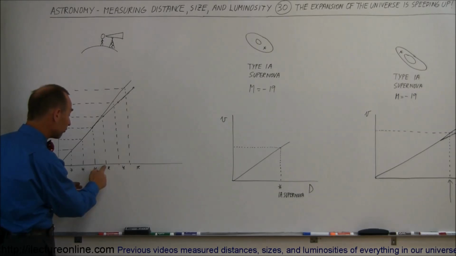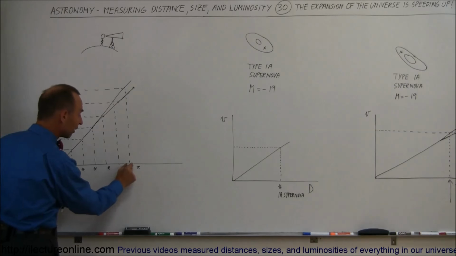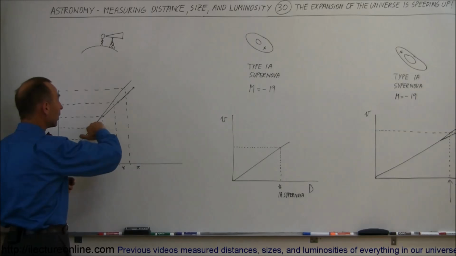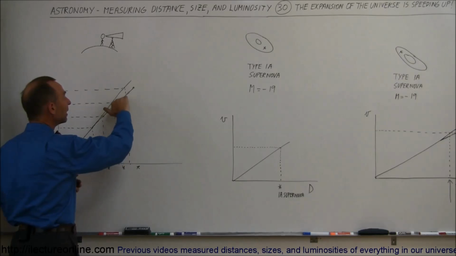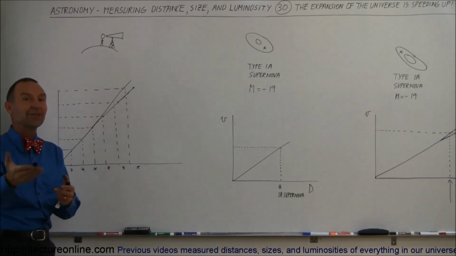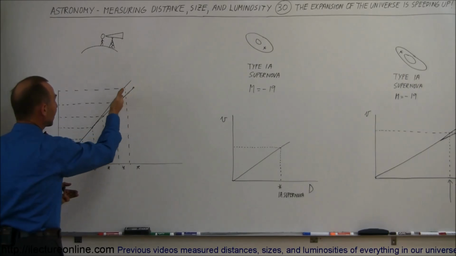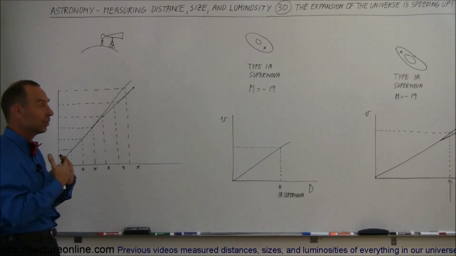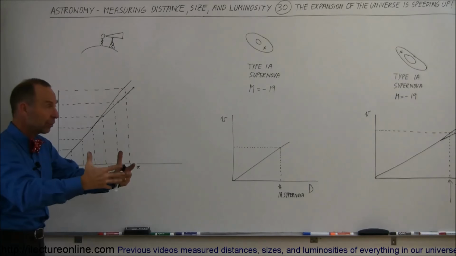But then as we started looking farther and farther away, the supernova explosion seemed to have occurred further and further away than would be indicated by the Hubble constant, which means that the Hubble constant was decreasing in the past, or better yet, as time went forward, the Hubble constant was increasing, meaning the expansion of the universe is accelerating.